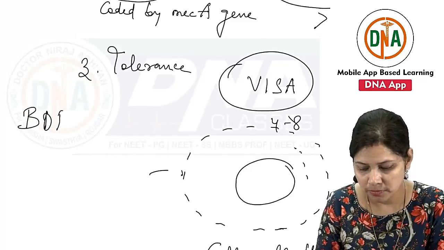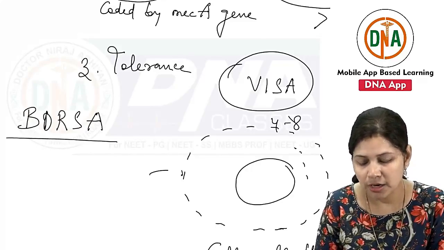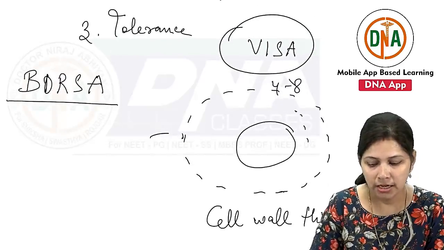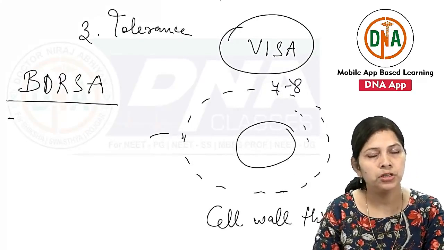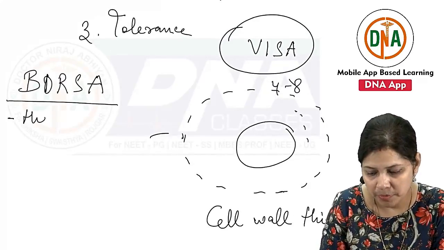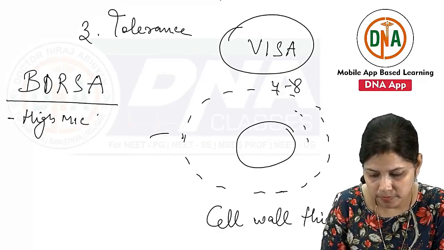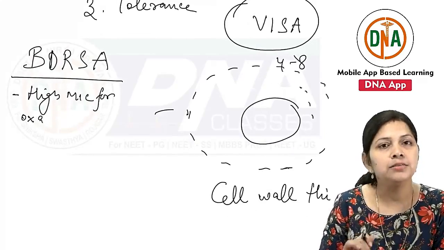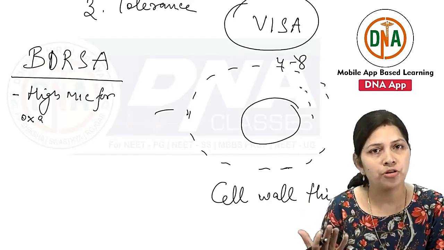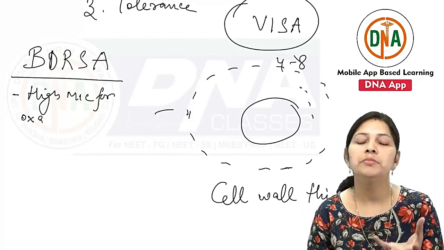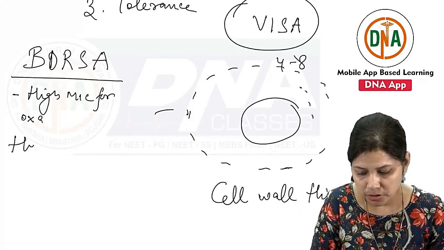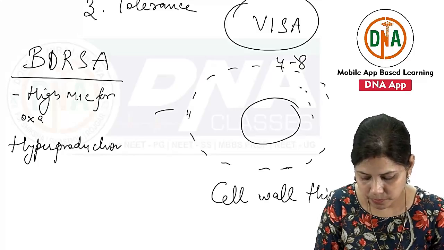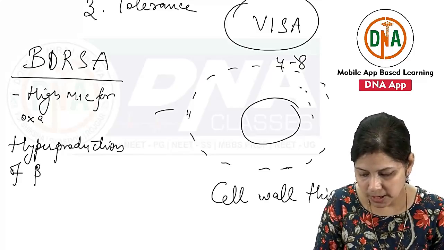So what is this BORSA? This is borderline oxacillin resistant Staphylococcus aureus, and again it shows a raised MIC for oxacillin or methicillin, and it is mainly because of the hyperproduction of beta lactamases.